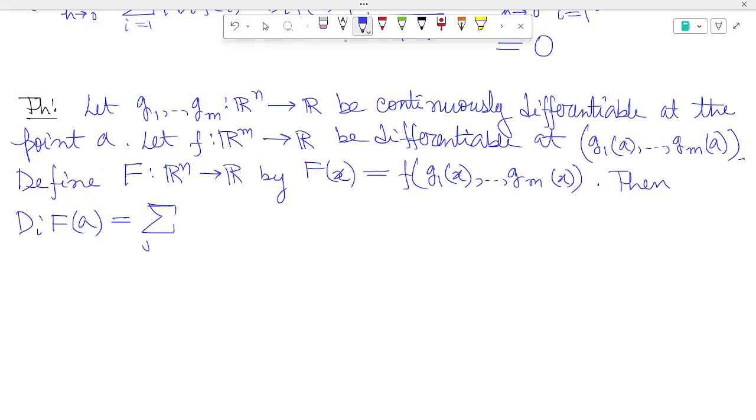This is the sum over j equal to 1 to m, Dj f into Di gj.